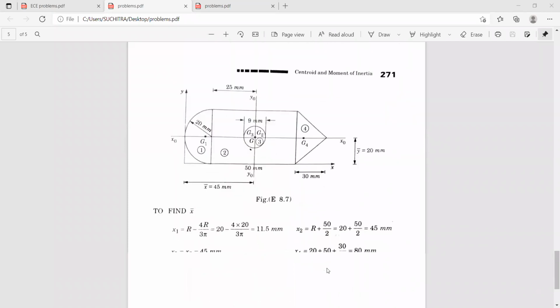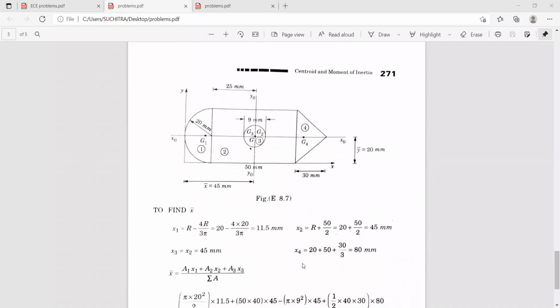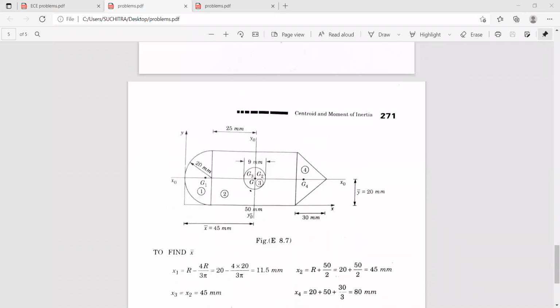And the area of this triangle, half into base into height. You can see here, the dimensions are given, half into base into height. But here, you have to deduct this circle from the given figure. That means the equation for x bar is a1 x1 plus a2 x2 minus a3 x3, because you have to deduct this circle from the given figure.